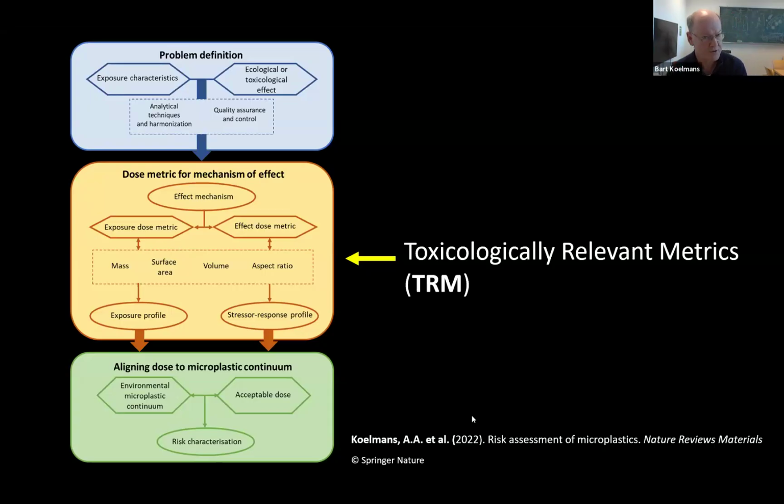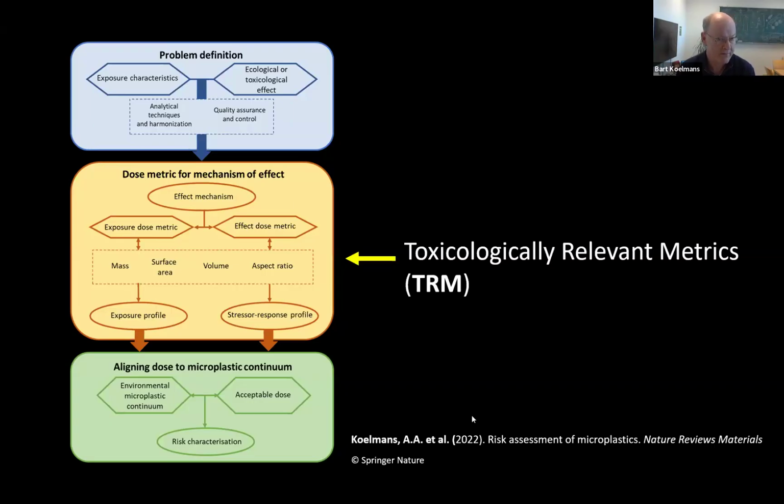Because if it's about exposure, then for what should we actually quantify it? Is it the number of particles or the mass or the volume? And that depends on the effect mechanism. If you want to say something about effects or risks, different mechanisms could be at play, and each of them might have a different relevant metric. If this is the case, then the exposure should also already take this into account.